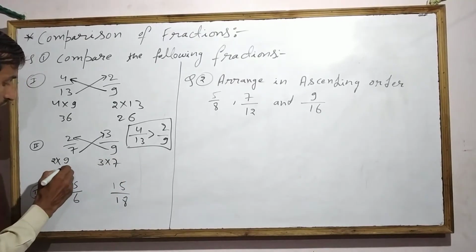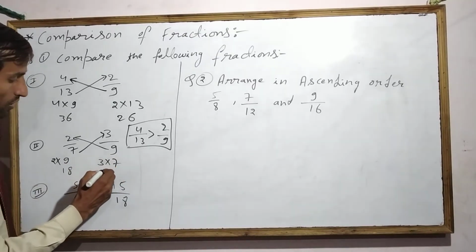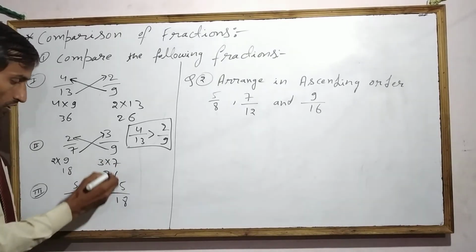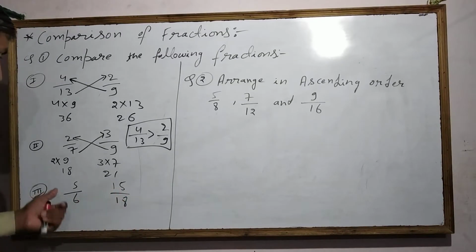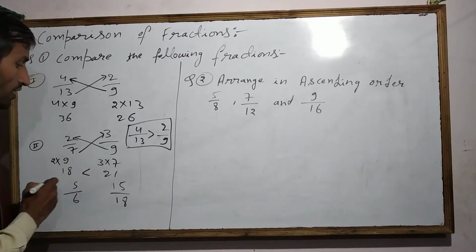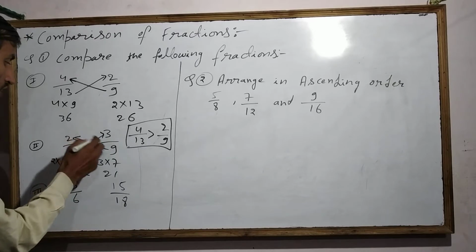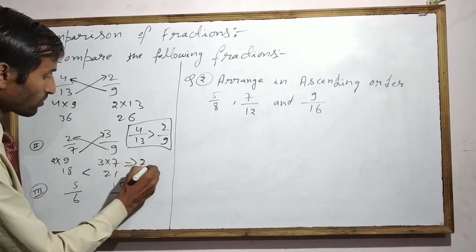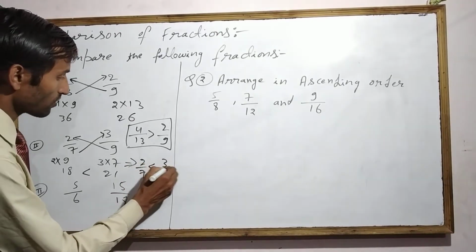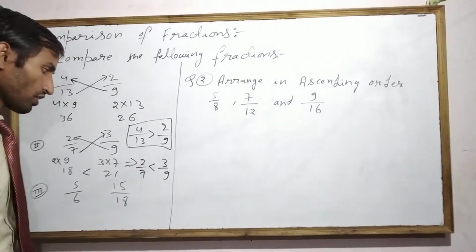So 2 into 9 is 18 and 3 into 7 is 21. Just see here, the RHS is greater than the LHS, that is, 21 is greater than 18. So 3 upon 9 is greater than 2 upon 7. Lastly you have to write down the conclusion: 2 upon 7 is less than 3 upon 9. This is our final answer.